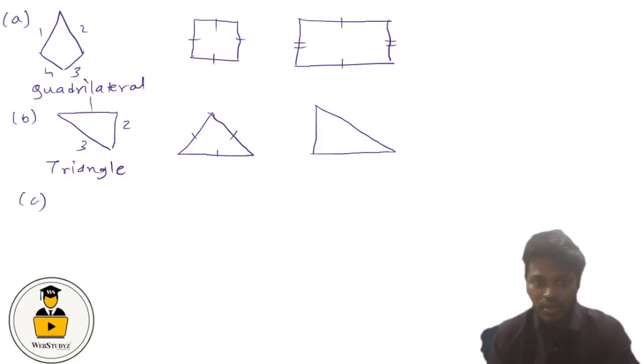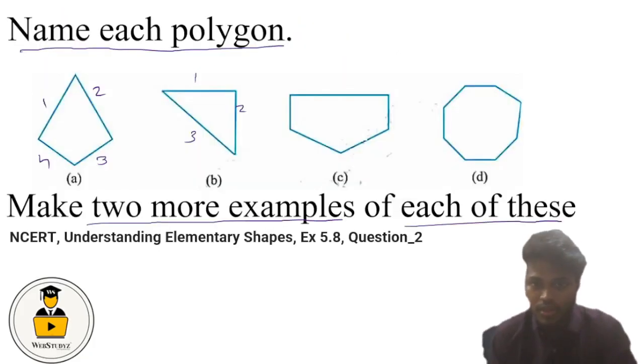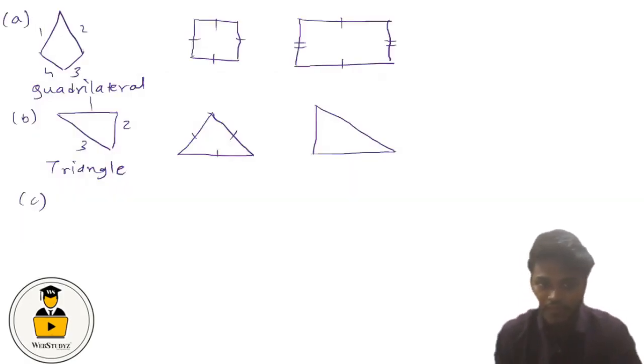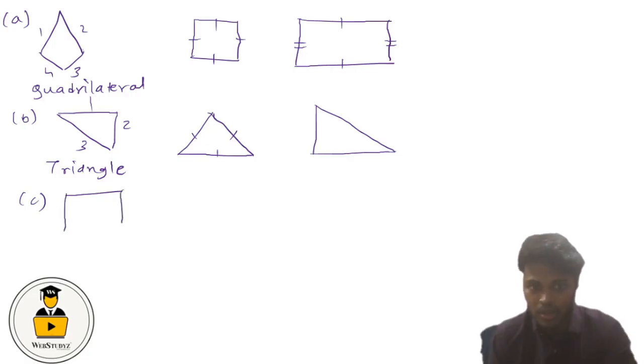Now let us consider the third diagram. We can see that it has 1, 2, 3, 4, 5 sides. So this will be a pentagon. We can write it as pentagon.